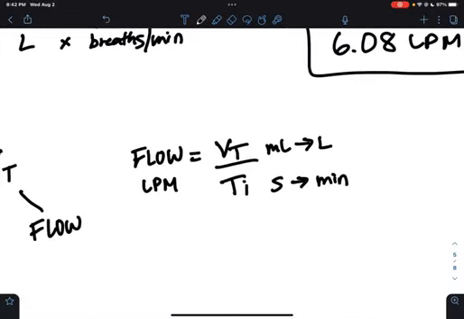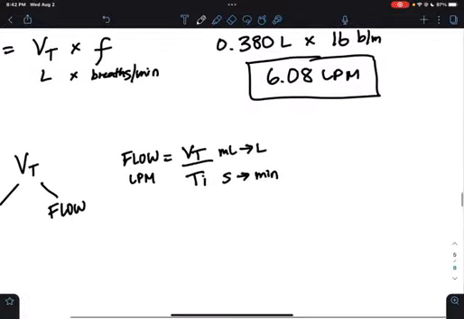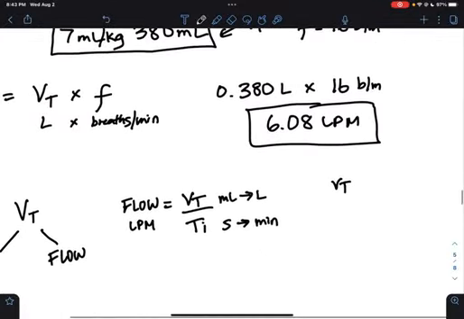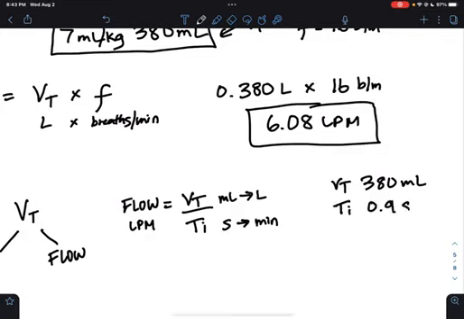I time is given in seconds, so we need to convert it to minutes. So let's do a quick example. Let's say our tidal volume is 7 mils per kilo, 380 milliliters, and I time is 0.9 seconds.